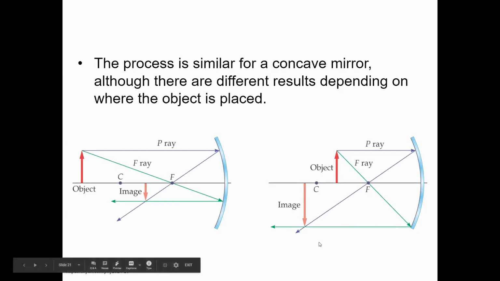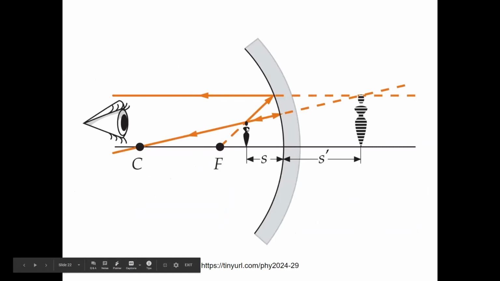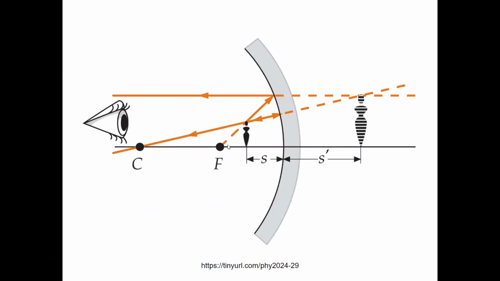Now, if you move the object even closer to the mirror, inside the focal length, between the focal point and the mirror over here, you can see if you draw a focal ray, which if you back extend goes to the focal point, it hits the mirror and will reflect parallel, backwards.